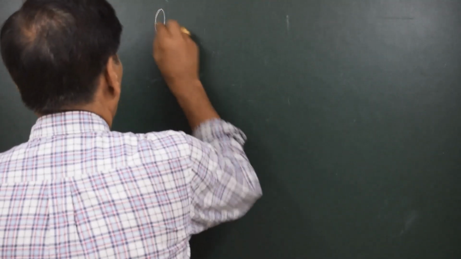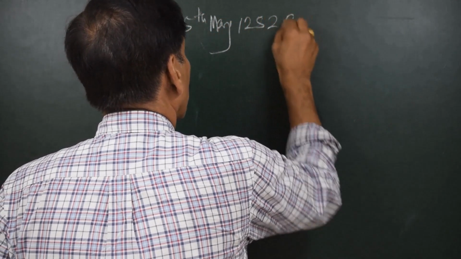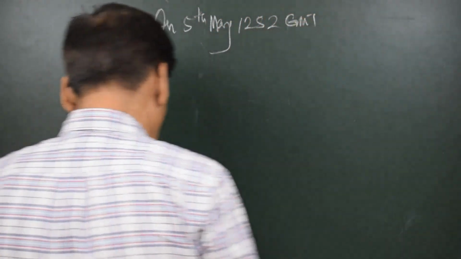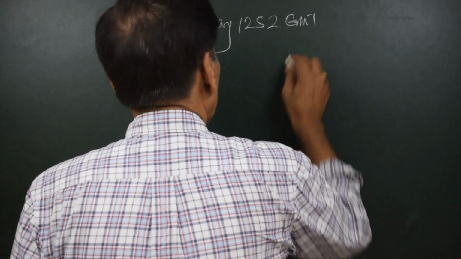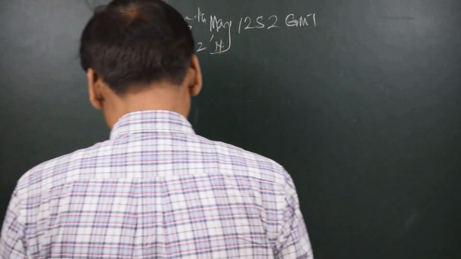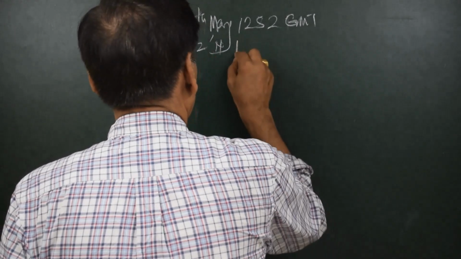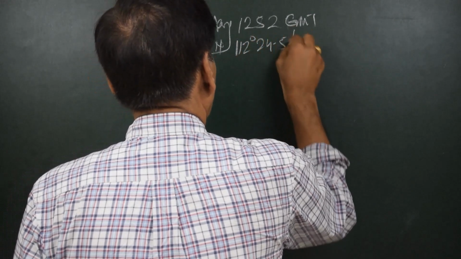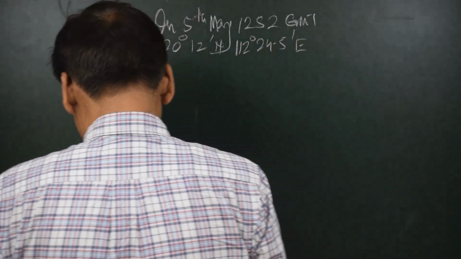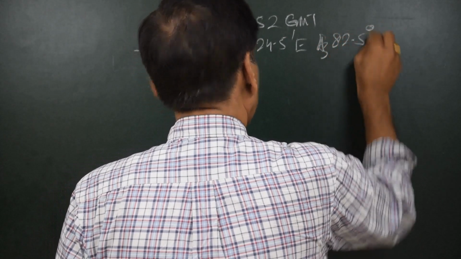This is from my book. The question is, on 5th May at 12:52 GMT, in position 20 degrees 12 minutes north, 112 degrees 24.5 minutes east, a star on azimuth 82.5 degrees, right?